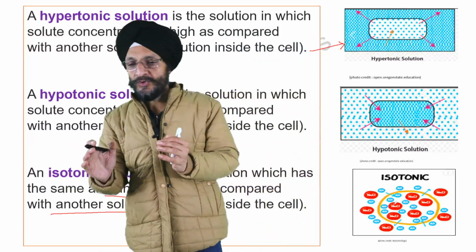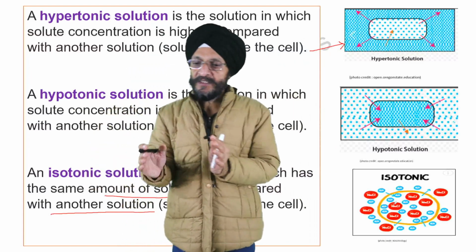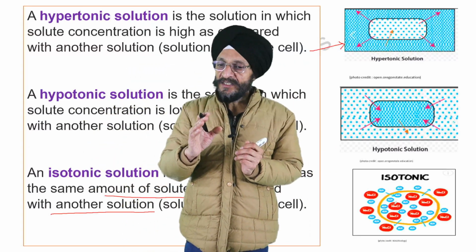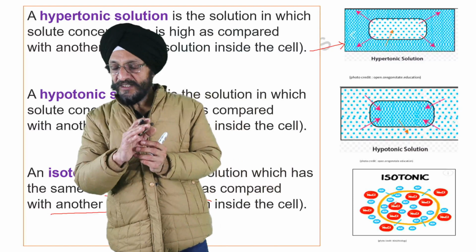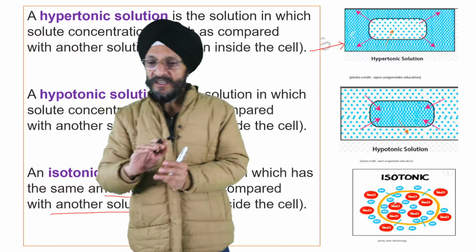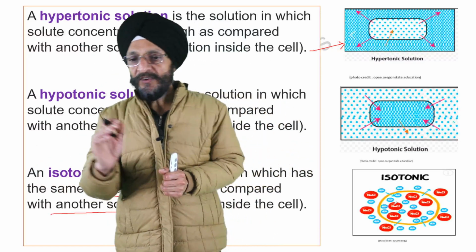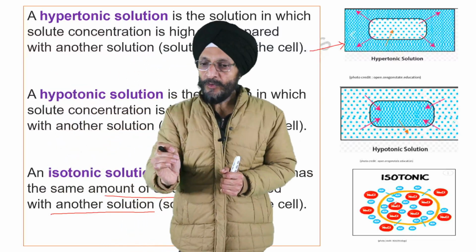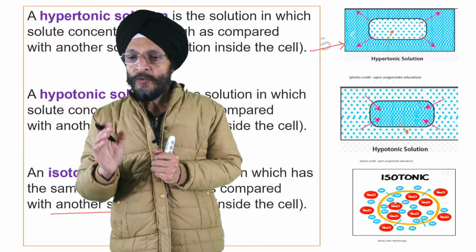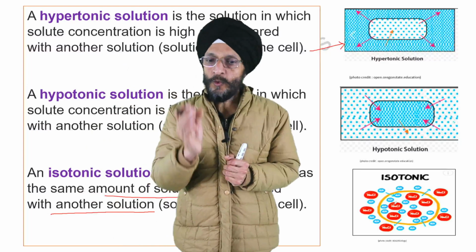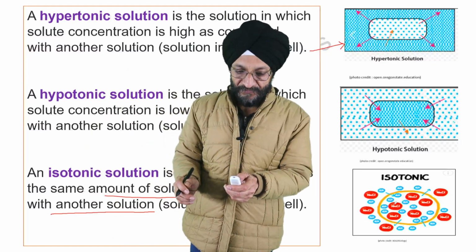The number of solutes present in the solution outside the cell as well as within the cell are the same. So whenever we are talking about hypertonic, hypotonic and isotonic solution, we are talking about the solution which is outside the cell.